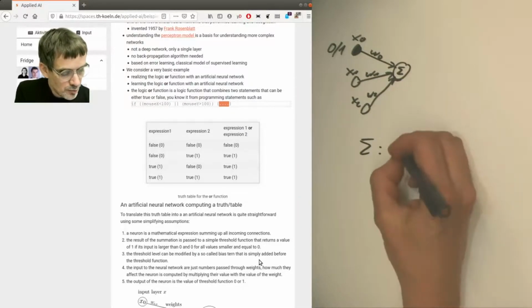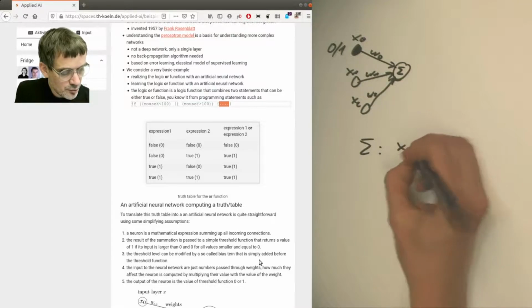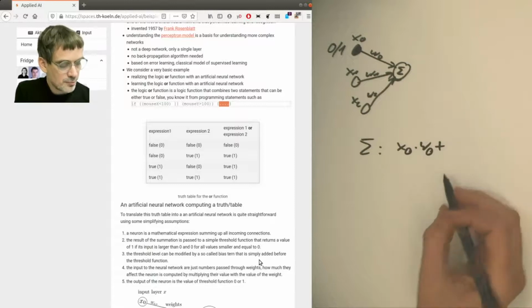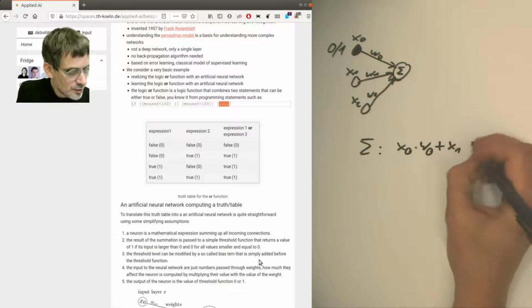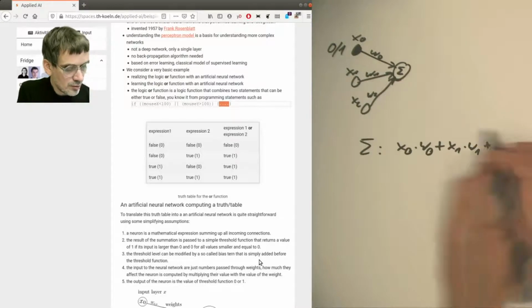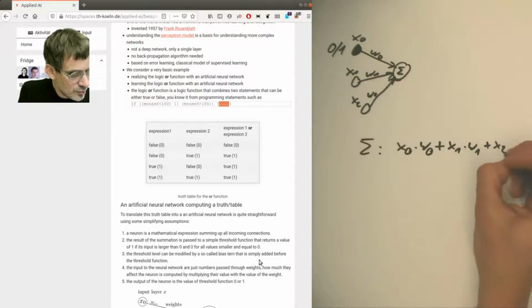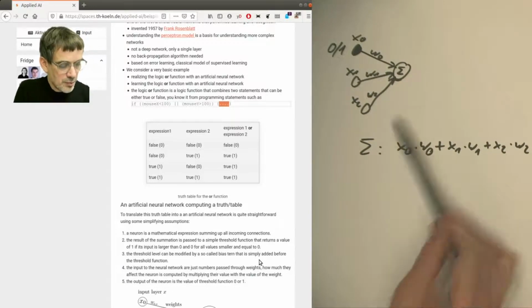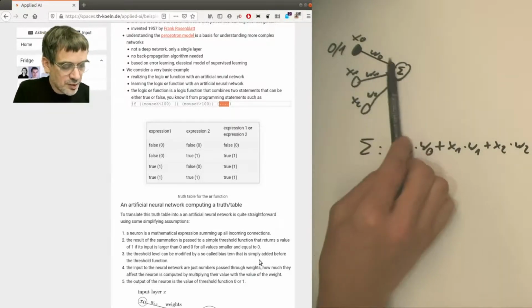We take the value of x0, multiply it with w0, add x1 times w1, and add the third term x2 times w2. So this is basically what's happening at this stage of the neuron.